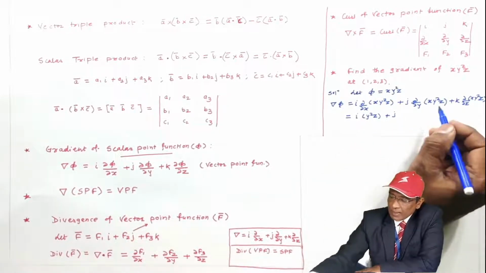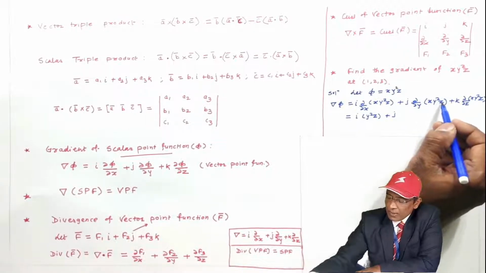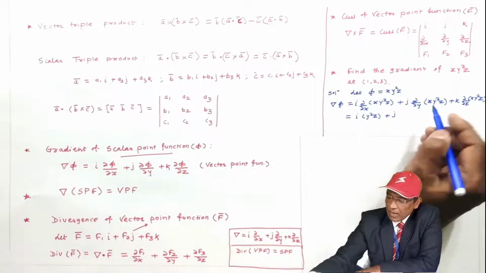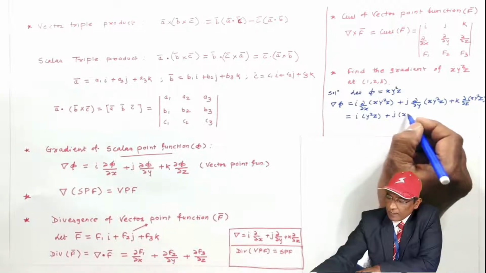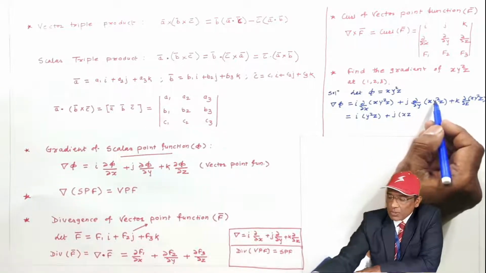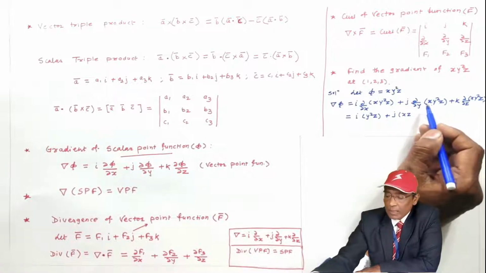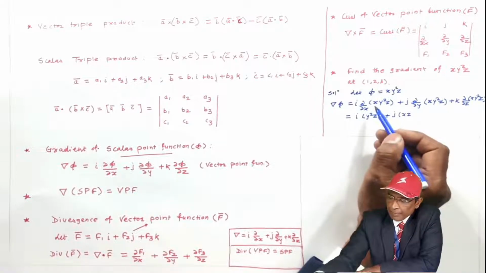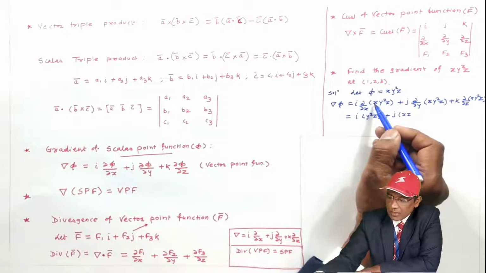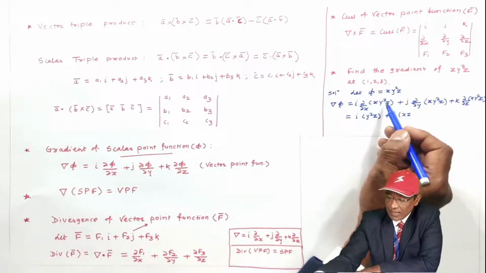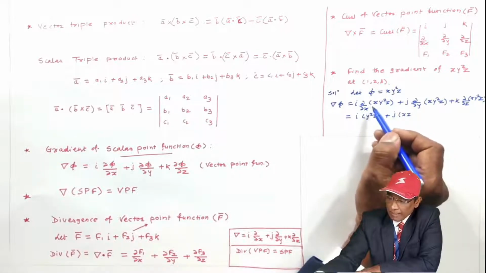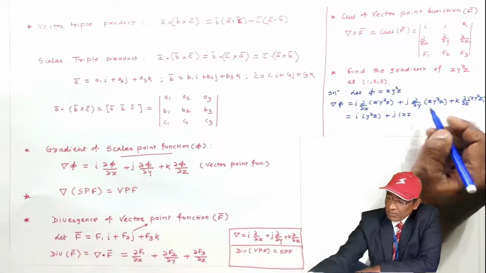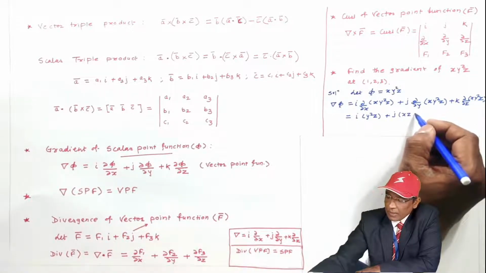For j, partial derivative with respect to y means keeping x and z constant, keeping the other variables constant. Derivative of y square is 2y. I am writing 2 like this and y.